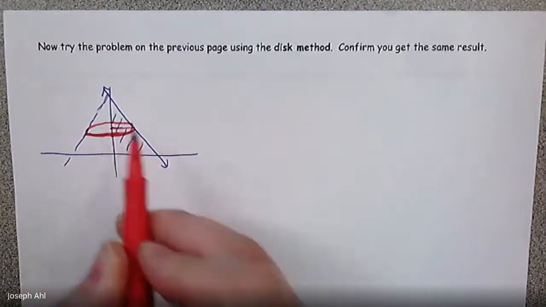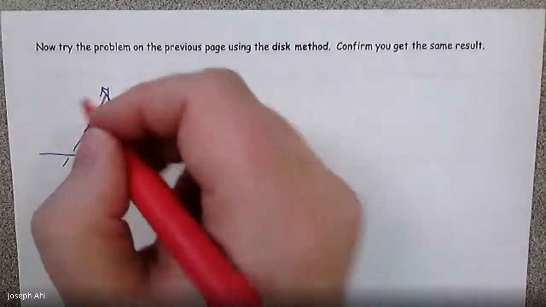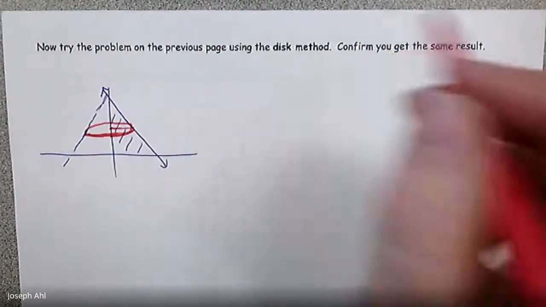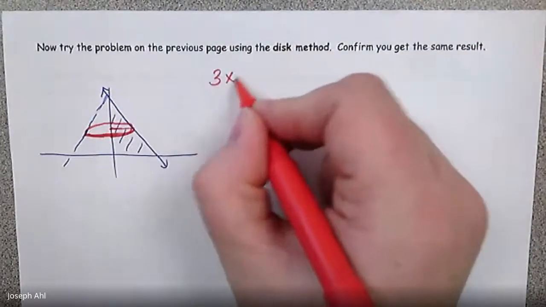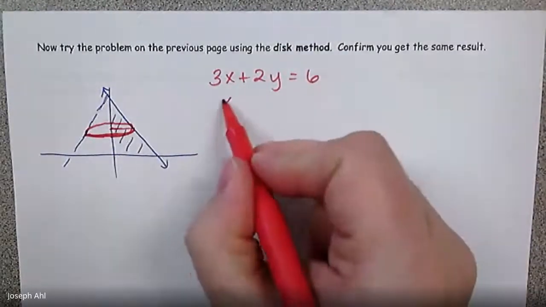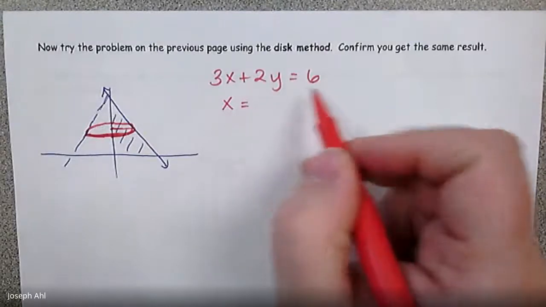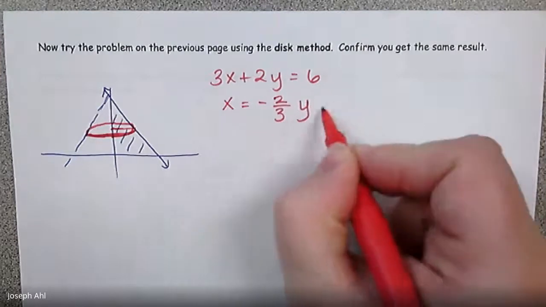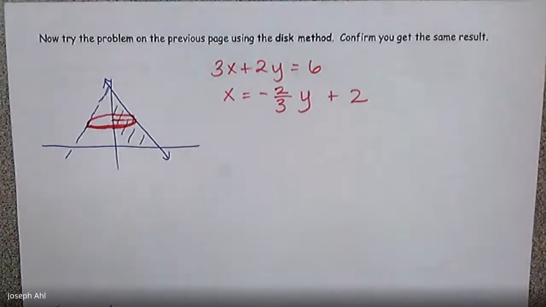So when I use the disk method, if we're rotating around the y-axis, we need to be integrating with respect to y. So take your linear equation, 3x plus 2y equals 6, and get x in terms of y now. So x would be, if I subtract the 2y over, divide the 3, negative 2/3 y, and then plus 2.